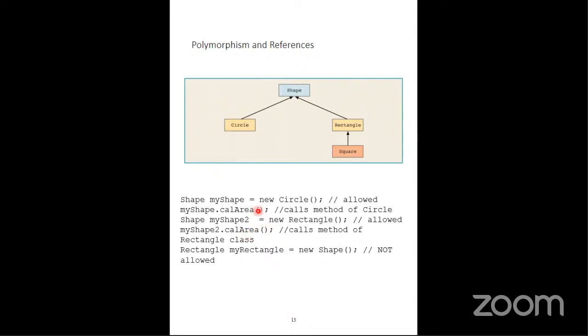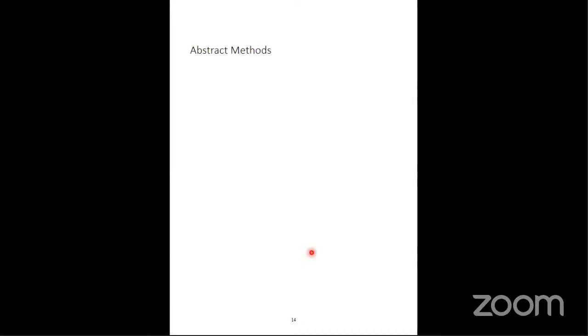Which form to be used at runtime depends upon which class's object you are referring to, this subclass or this subclass. Accordingly, the appropriate version will be called. You cannot do the reverse, that is, an object of the superclass with a reference of the subclass is not allowed. This is a compilation error. All right, now that was about polymorphism.